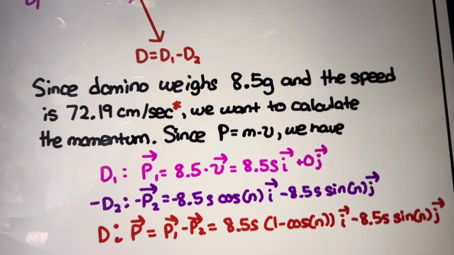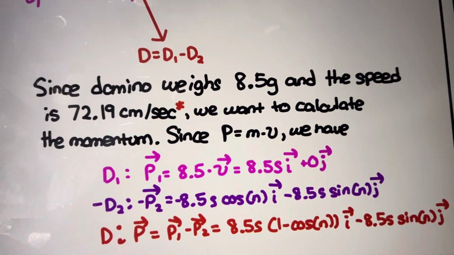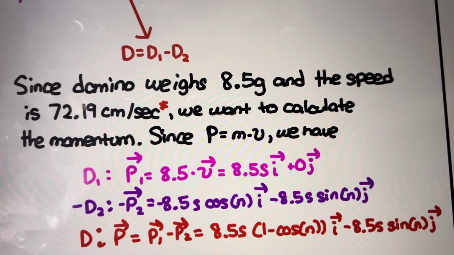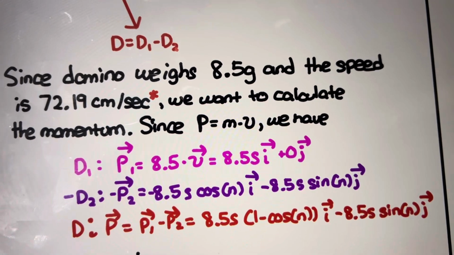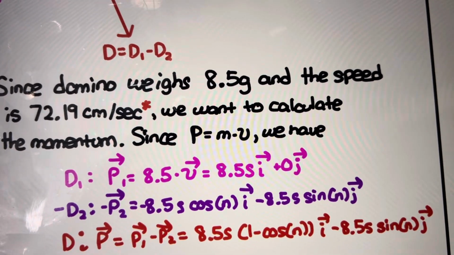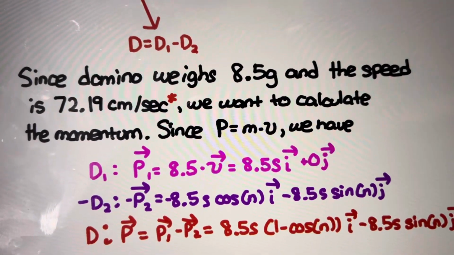Since momentum equals mass times velocity, what I have is D1 equals 8.5 s i, where i and j denote the horizontal and vertical vectors. The idea here is that D1 only travels along the horizontal line, so it doesn't change.